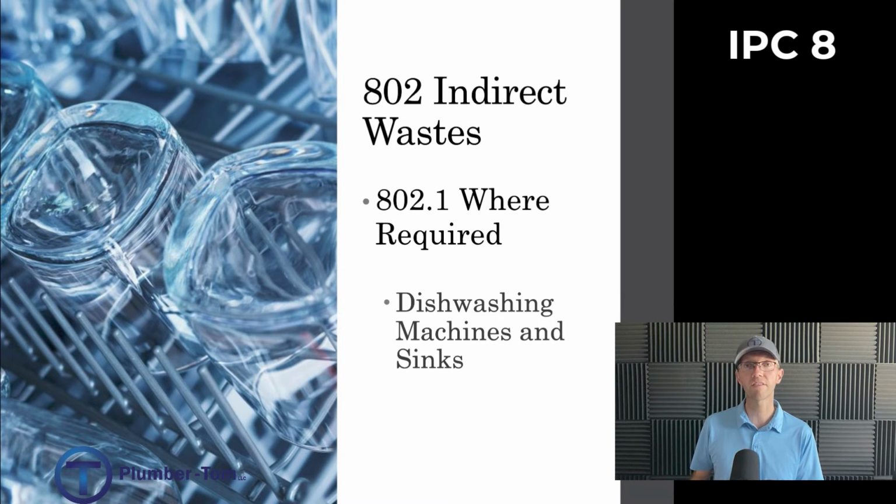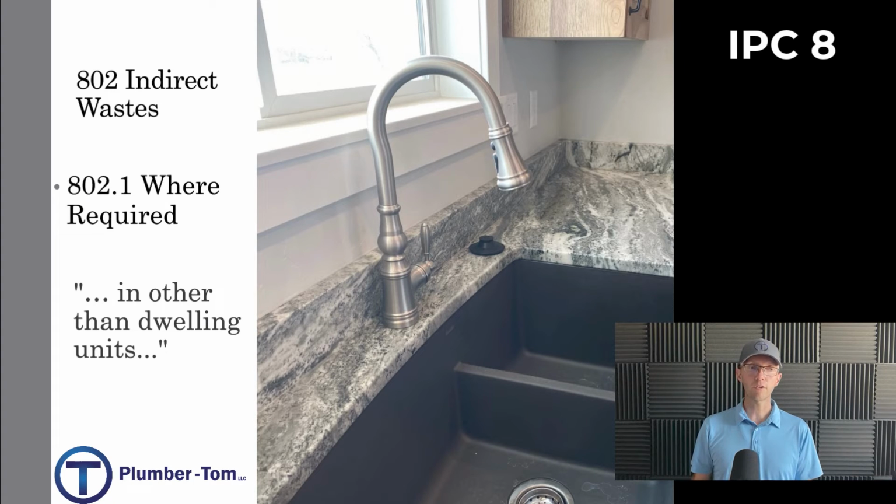So again, required where we have the cleaning of dishes, utensils, things that we're going to actually eat off and put into our mouths. And finally, from 802.1, let me just point out that it does specifically state that these conditions where we're going to do indirect waste are generally in other than dwelling units. That's worded a little bit funny, but what that's saying is we don't have to worry about this in our typical residential setting. Now, does that mean contamination cannot happen?